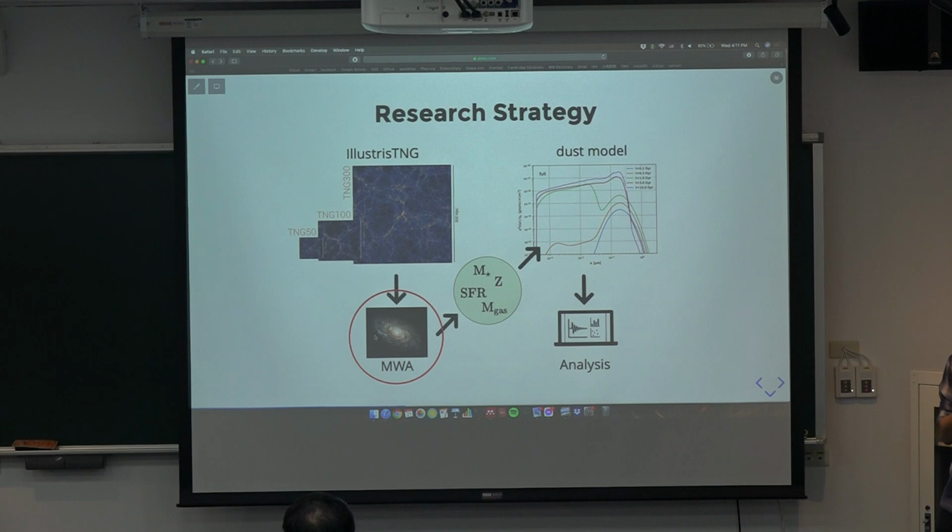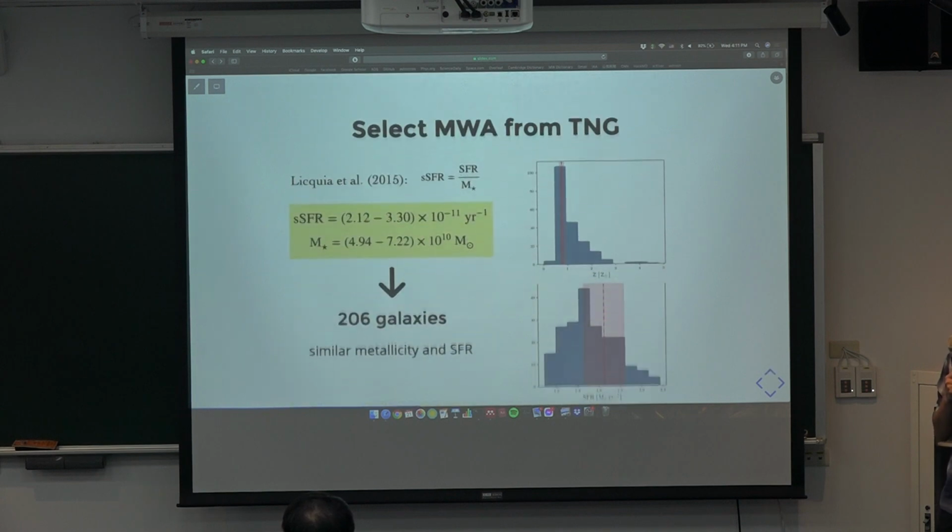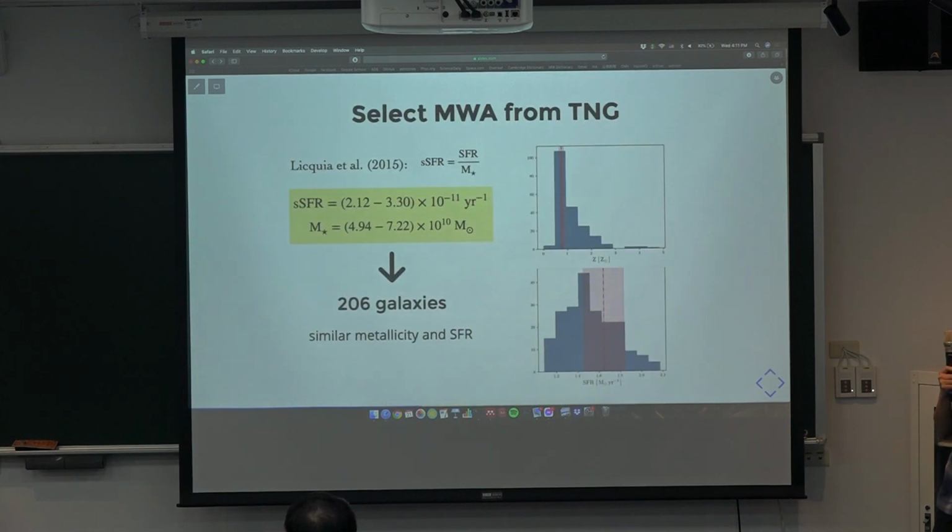And I pose some selection criteria here. The reason why I want to select the MWA, the Milky Way analog or Milky Way-like galaxies, is that because we know more about the Milky Way, we have extinction measurements. So I can compare the result of my model to the observation.